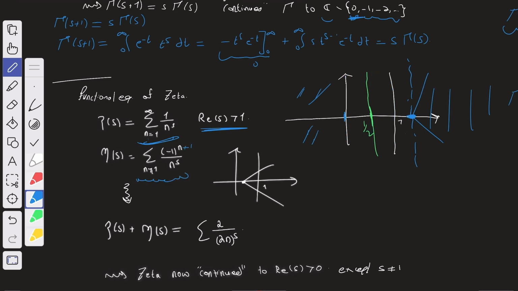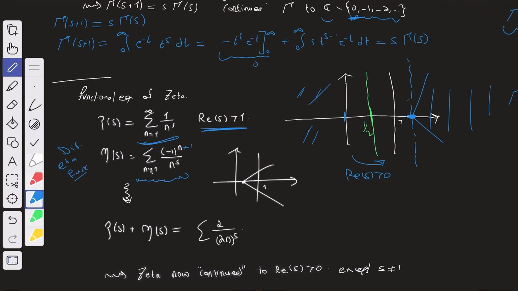To be able to continue zeta to the real part of s strictly bigger than 0, the right half plane except at 1, we will need to recall that the alternating series, the sum of minus 1 to the n plus 1 over n to the s, we call this function the Dirichlet eta function.